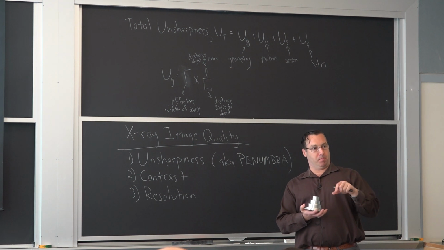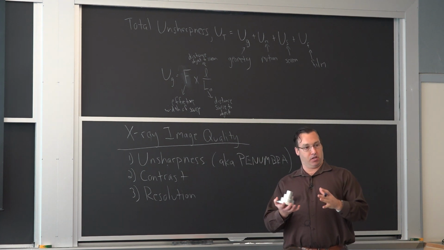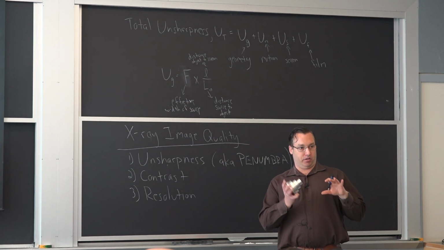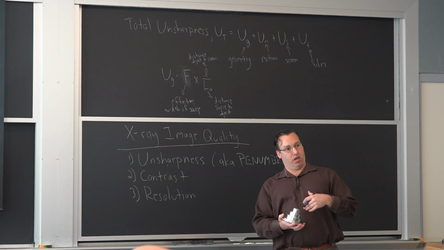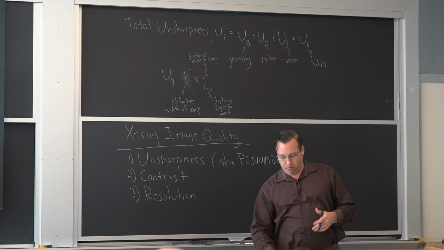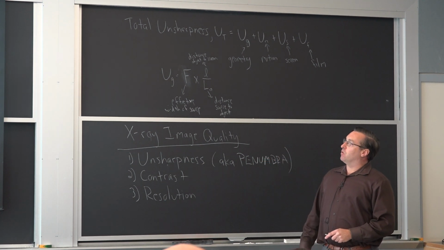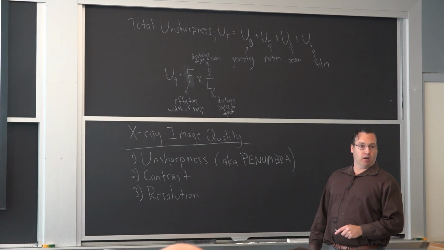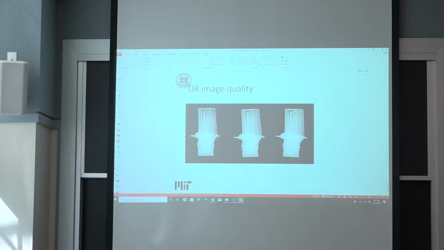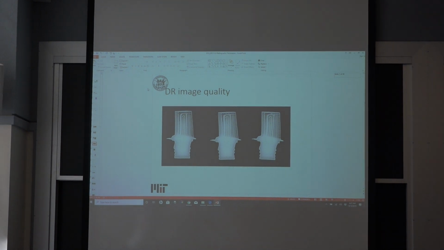If you're looking at things that are mesoscale or microscale, you can get resolution at the microscale. You can't really get that same resolution with traditional film radiography. You can get there to a point with digital radiography, but the contrast won't be as good as computed tomography.